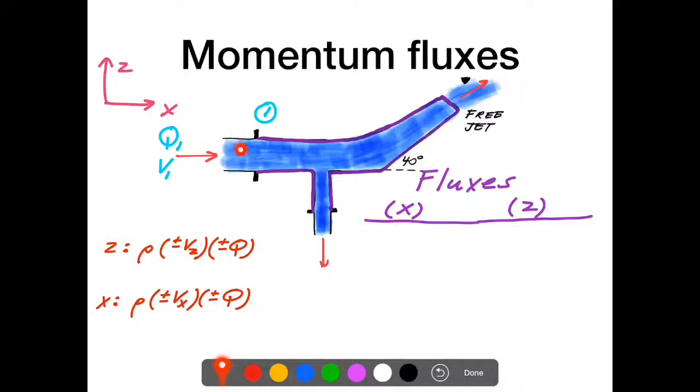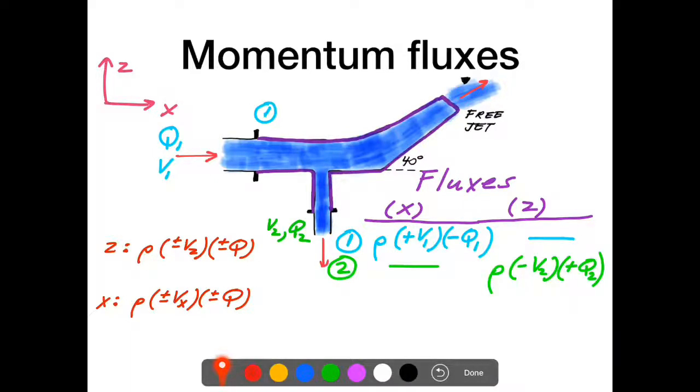There's no vertical component of velocity, so the fluxes that you get: rho, a positive v1 because this velocity is actually in the positive x direction, and then a negative Q1 because this is an inflow into our control volume. There's no vertical component of velocity or momentum at that section, so we don't put anything in for z. Similarly, for number 2, all of the action is in the vertical direction. So we have nothing in the horizontal. We have a density times a negative v2.